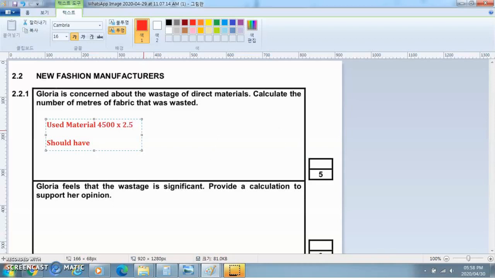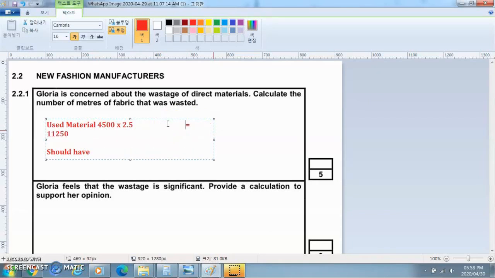And then if I multiply that, my final answer equals 11,250. You get it? So this is what we used. And basically this is us saying these are the units issued for production.